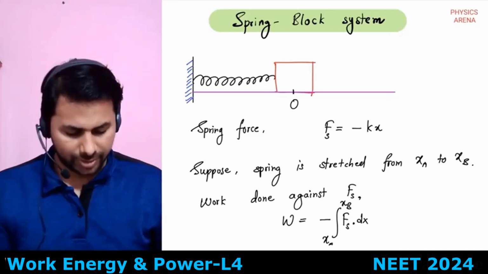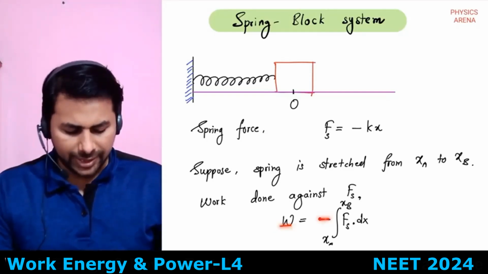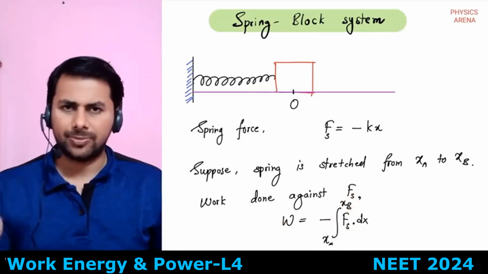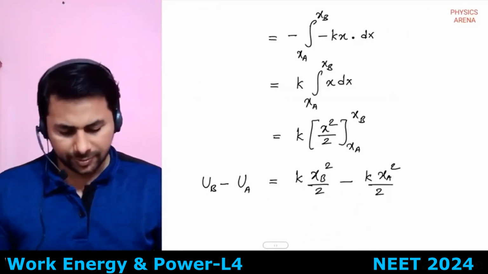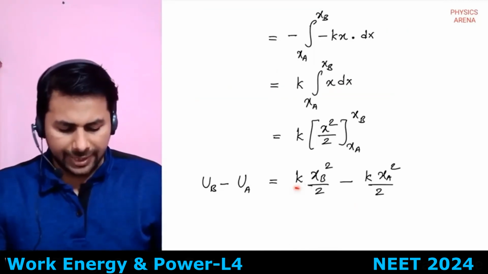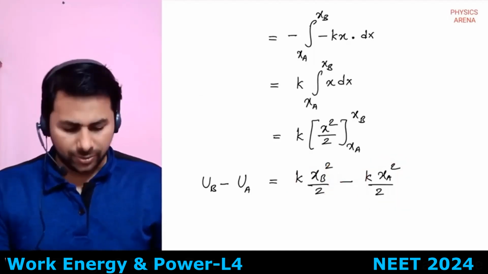We are doing work against the spring force, which is a conservative force. So that work done is the negative of the integral from xa to xb of the spring force times dx, and it will come out to be k times xb square by 2 minus k times xa square by 2.